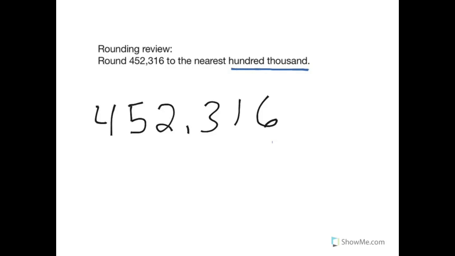Now we know we have ones, tens, hundreds, thousands, 10,000s, and 100,000s. So I'm going to go ahead and underline the digit that I'm going to be looking at, which is in the 100,000s place. The digit to the right, I'm going to circle and actually make that a little bit of a Q, because that is my bossy Q.